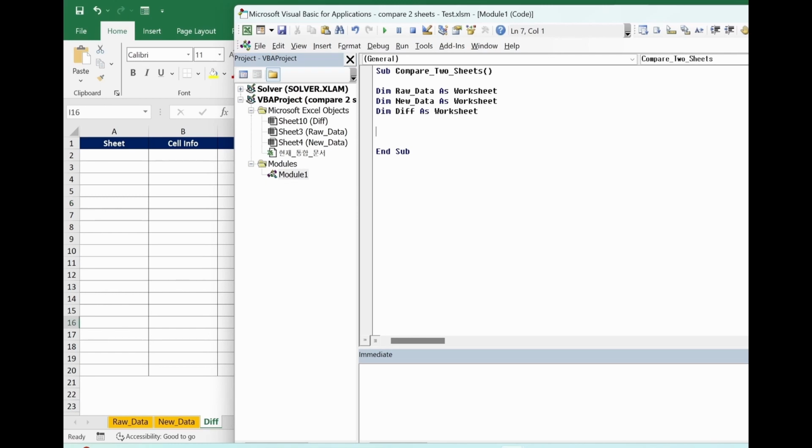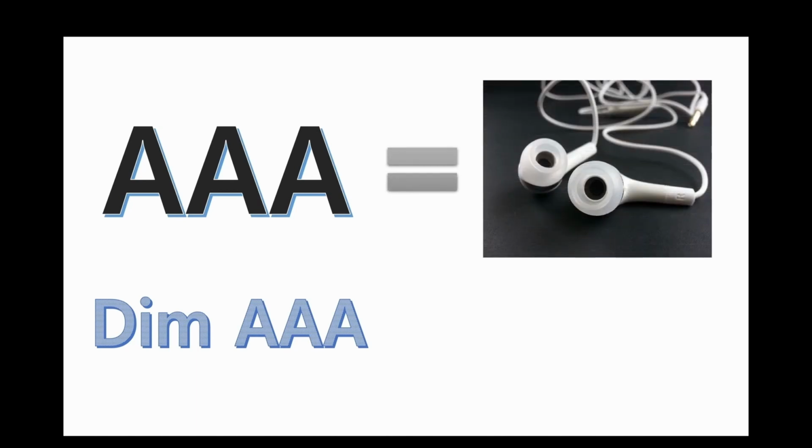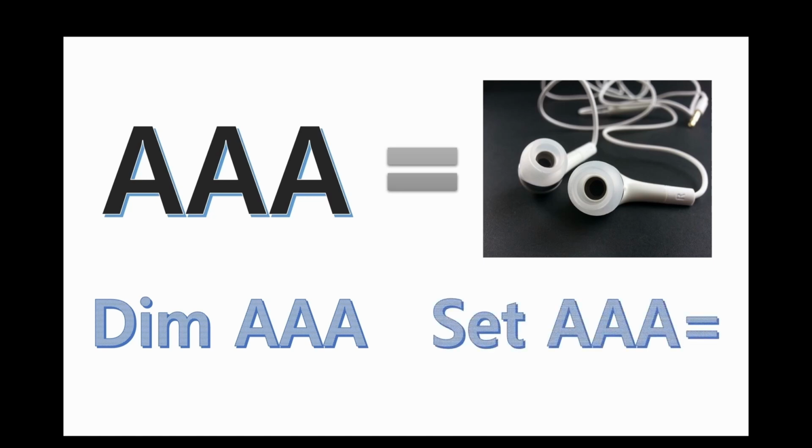After that, let's set this worksheet rawData equal to the worksheet called by this name, raw data. So the idea is like this. We defined AAA, which is Dim AAA. After that, we link this AAA to something else, which is like Set AAA equal to something.